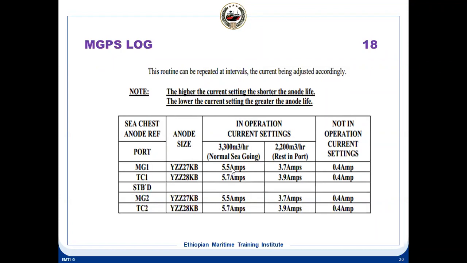But in this case, you see normal sea going, it should be 5.5 amps. Suppose it comes to 4.4 amps, then you have to increase the current. That means the copper anode is slowly finishing. You should maintain the current around this range. Because as the anode is finishing, you will reach a stage where even if you increase, the current will never increase. It means the anode is almost consumed.